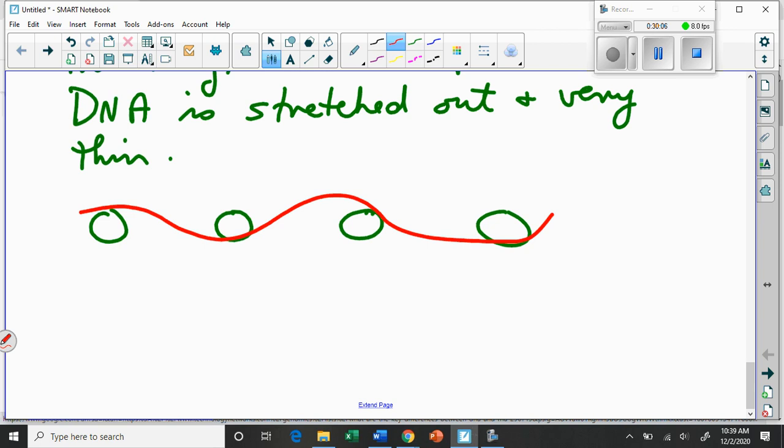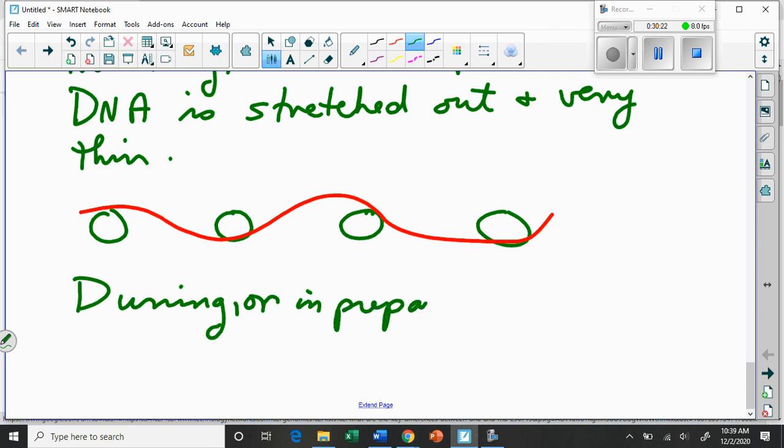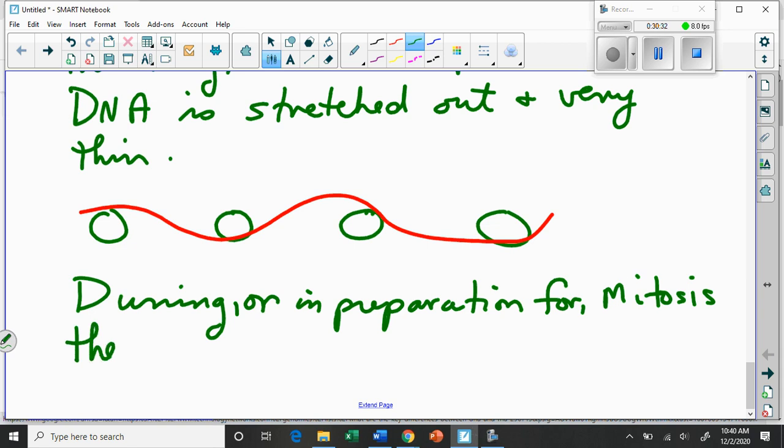But something weird happens when the cell is about to split and divide itself. In preparation for mitosis, the splitting process, because it happens beforehand, the chromosomes do two things.